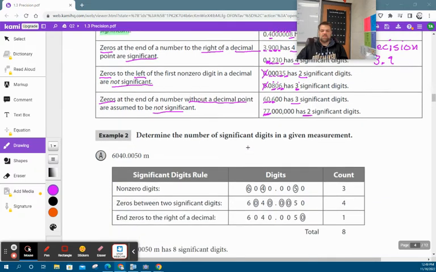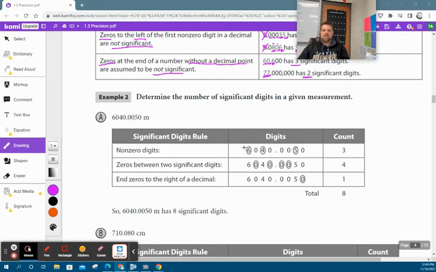I got some problems here we're going to do. So non-zero digits, I've got 1, 2, 3, right? They're saying significant digits, right? So this is the number they give us, and we're going to think out loud. So I've got 1, 2, 3. There's 3 of them. Zeros between 2 significant digits. This is trapped between a significant, this is trapped, this is trapped, this is trapped.